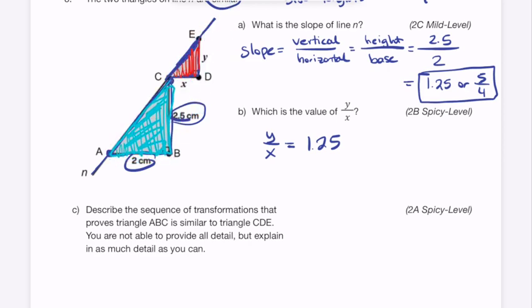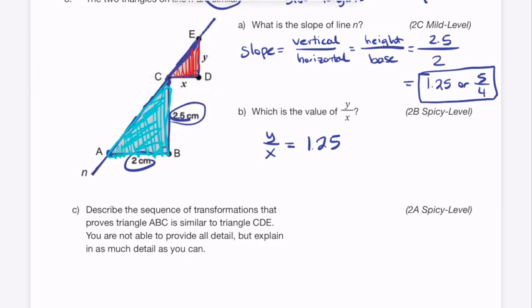So I'm going to translate it up and to the right so that A maps onto C. Okay, but you could also translate it so that C maps onto E or that B maps onto D. All of those, there's a version that works. But I'll just describe this way.